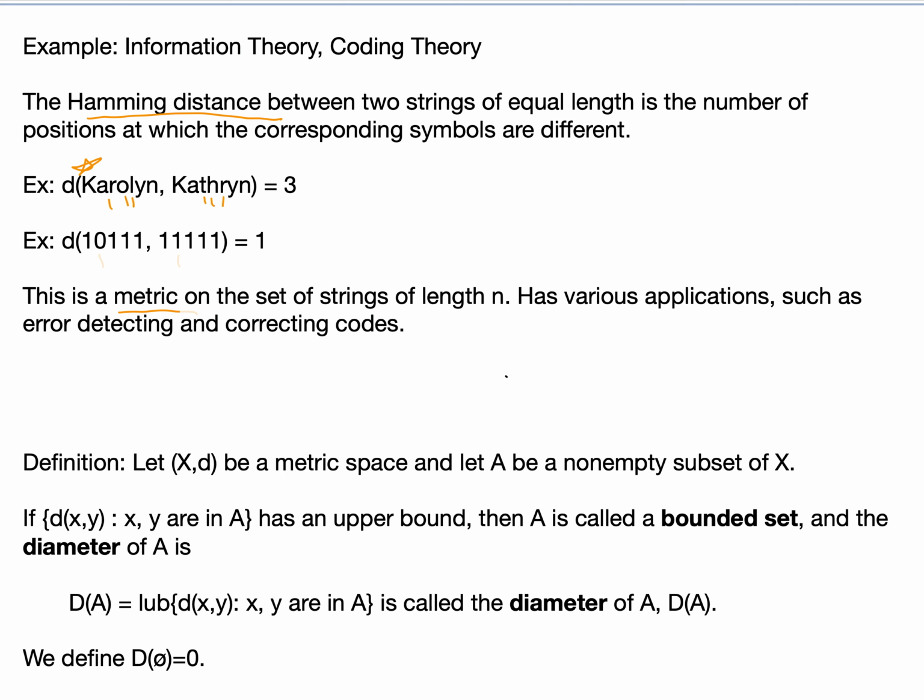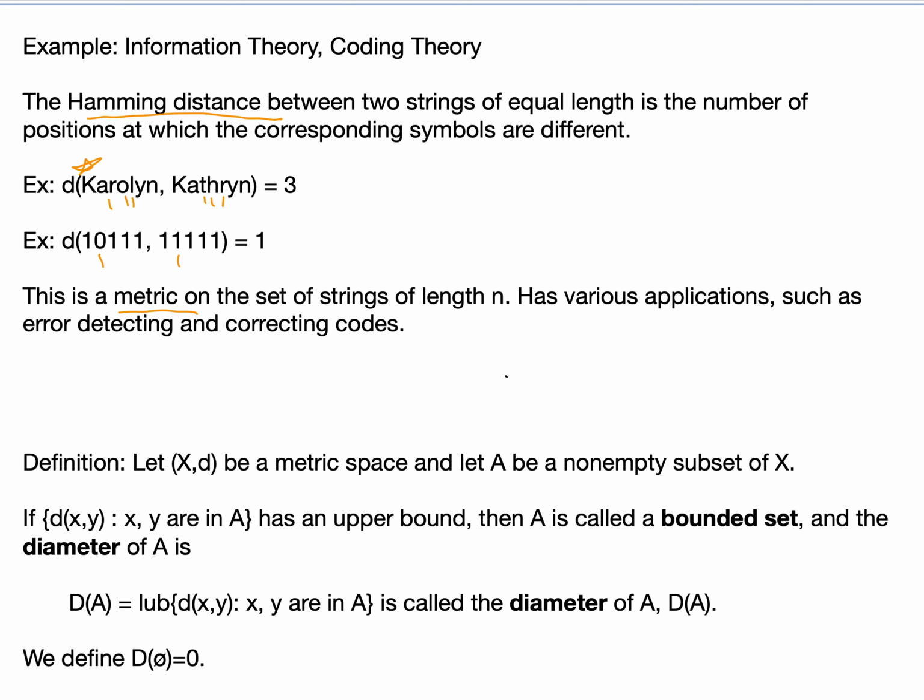And as another example, the distance between those 2 strings of 5 binary digits is 1, because they differ in 1 place. So one can prove that this is a metric on the set of strings of length n, and this Hamming distance has various applications, such as error detecting and correcting codes.